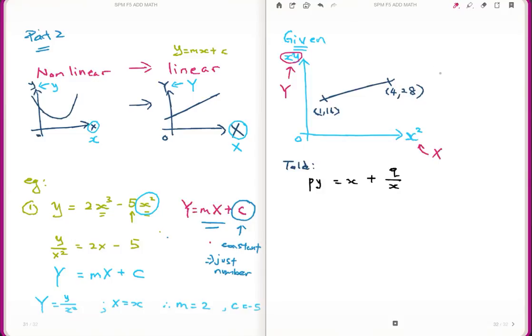Right? So in your working, Y equals mX plus c. So you would want your capital Y, xy, to equal m times capital X, which is x squared, plus c.